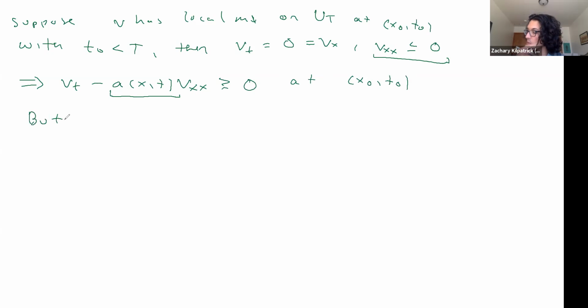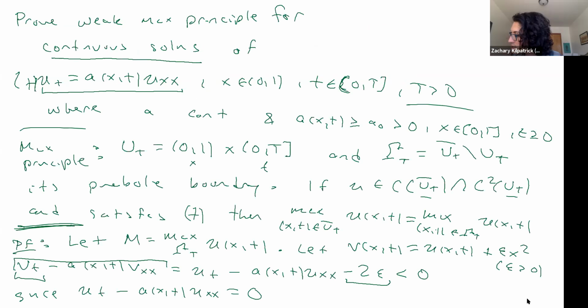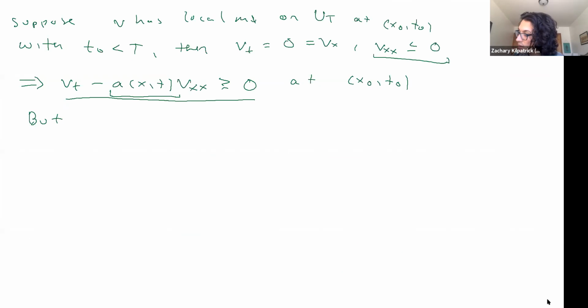But what's the problem here? If we go back to this slide, we see that it should be strictly less than 0. So this is a contradiction with our previous result.